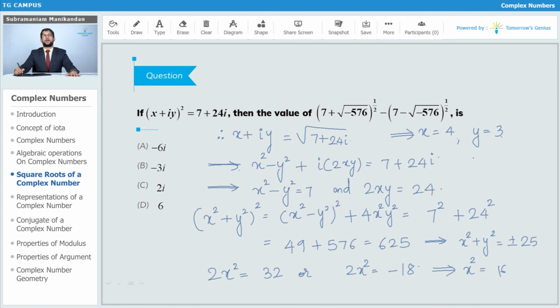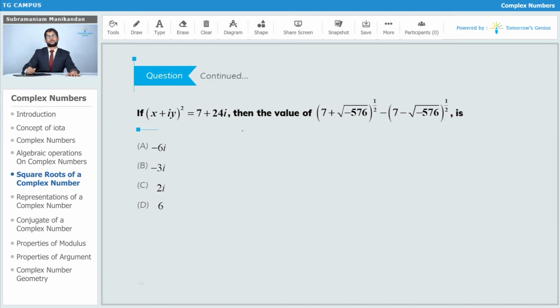So now how do we find out the square root of this? So 7 plus square root of minus 576 to the power of 1 by 2 is equal to the square root of 7 plus 24i, right?